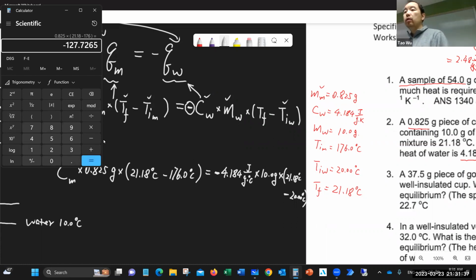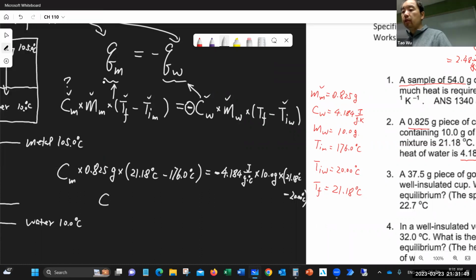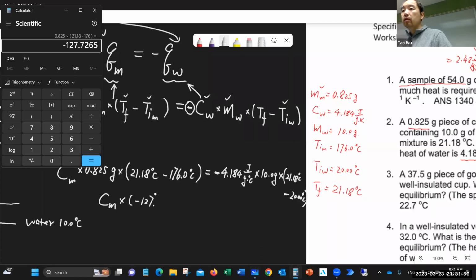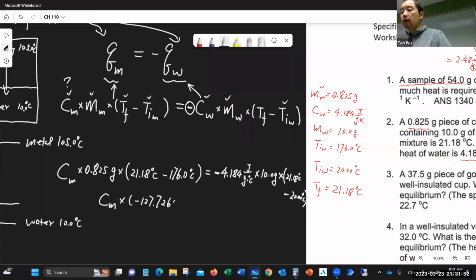So we got negative 127.7265. So the specific heat of the metal times negative 127.7265.